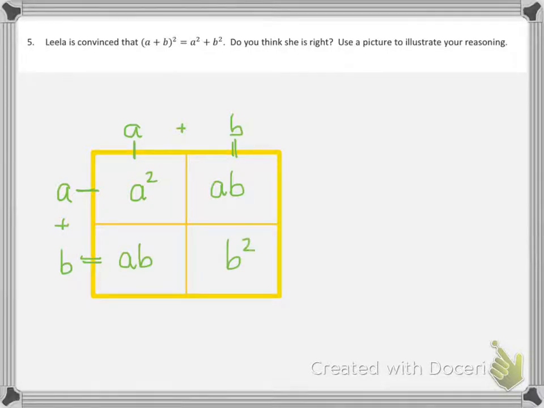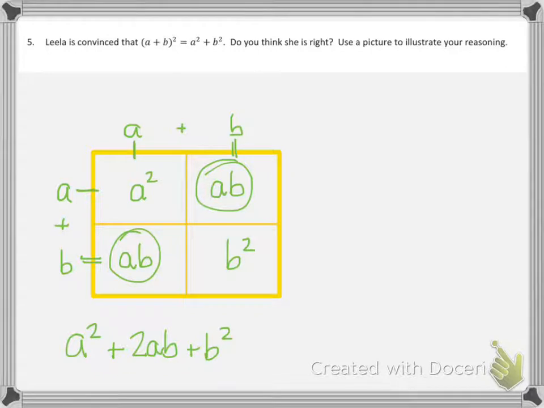So our answer here is a squared plus, here's one ab, here's another ab, so that's 2ab, and then plus b squared. So we can see from the picture that Leela is not correct. It's not a squared plus b squared. It's a little more.